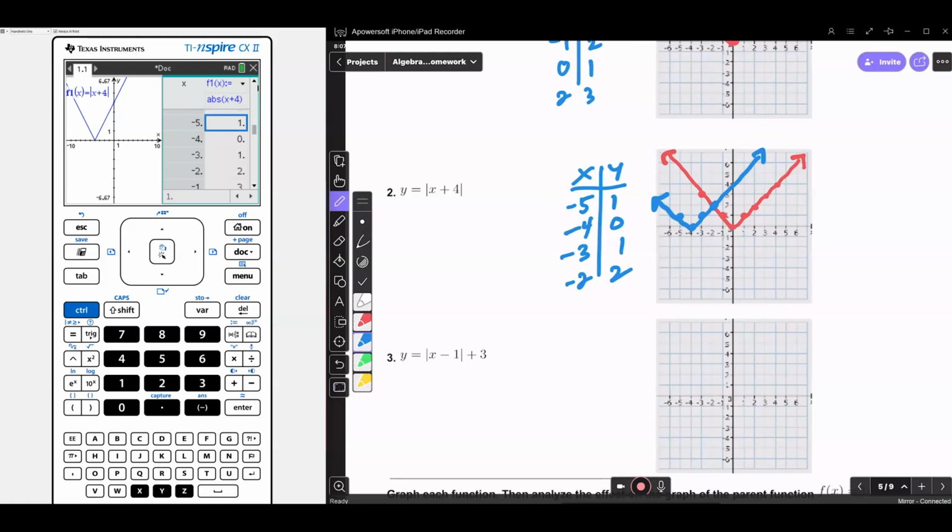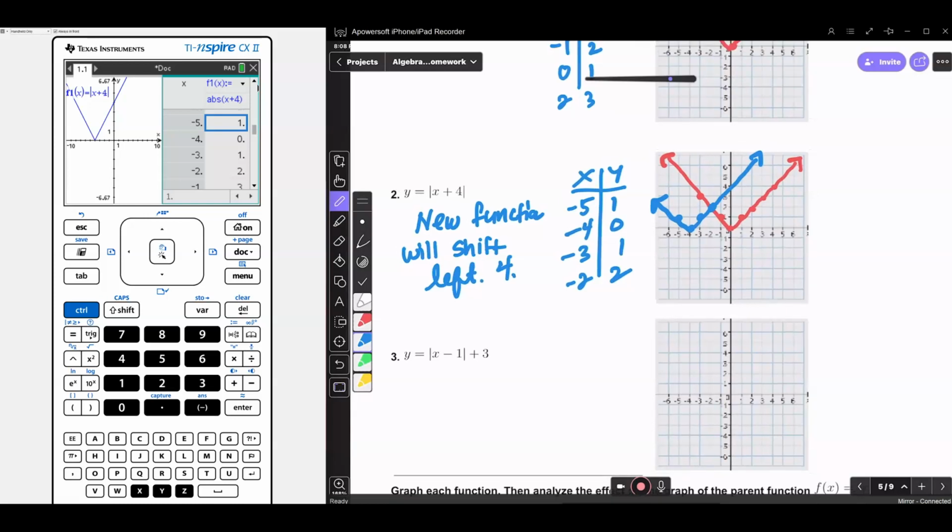So on your assignment, you're going to write parent, new function will shift left, and it shifted 4 units left, right?